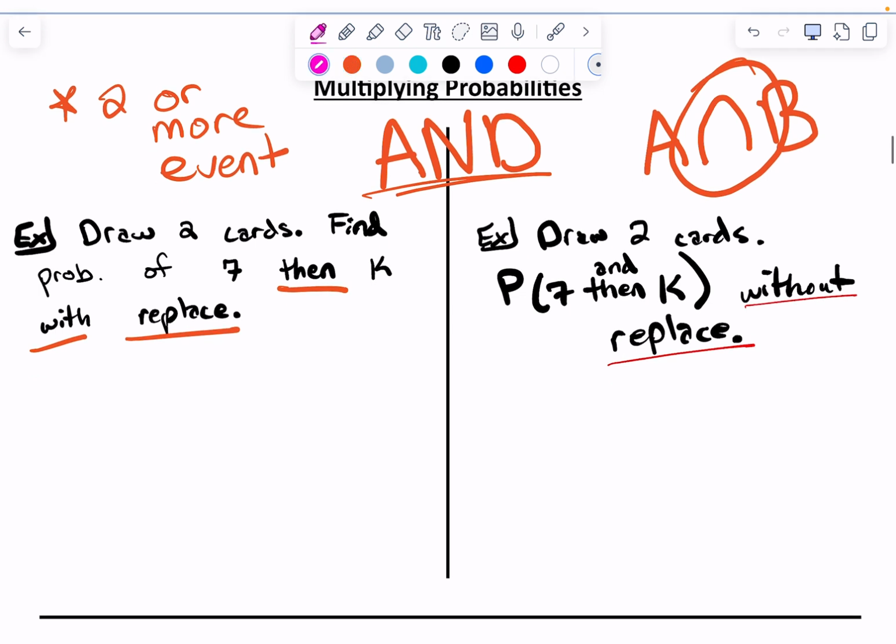The first thing on example 1 that I want to do is draw a 7. What's the probability of me drawing a 7 out of a deck of cards? 4 out of 52. There's 4 7s out of 52, right? And I want to multiply that by the probability of drawing a king. Now, after I drew the 7, I am putting it back in the deck. So how many total cards do I have? Still 52. And how many of those are kings? 4 out of 52.